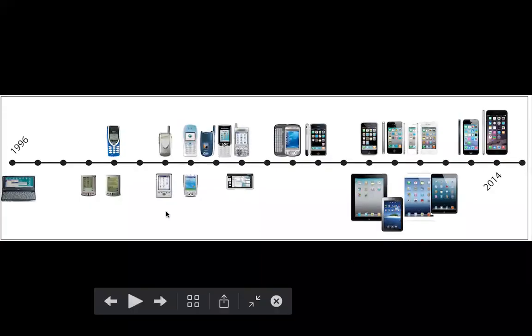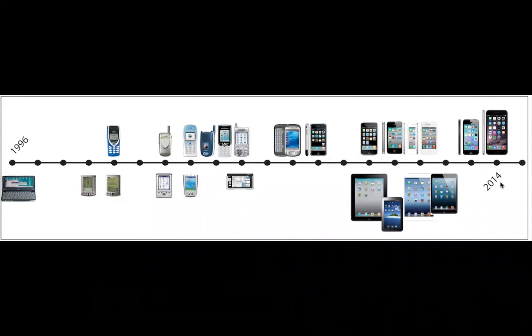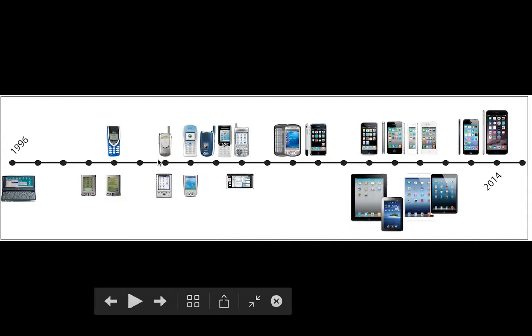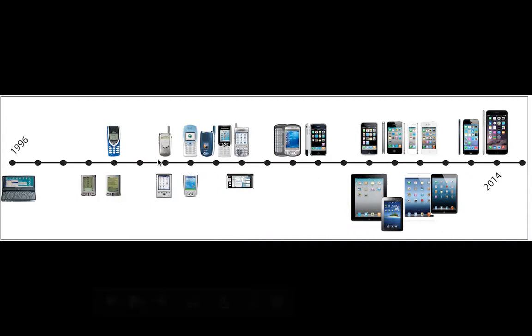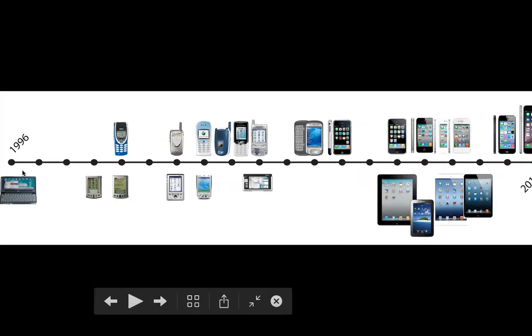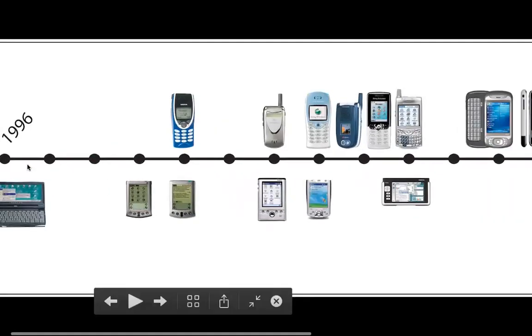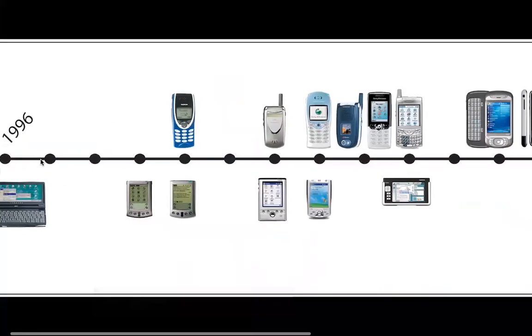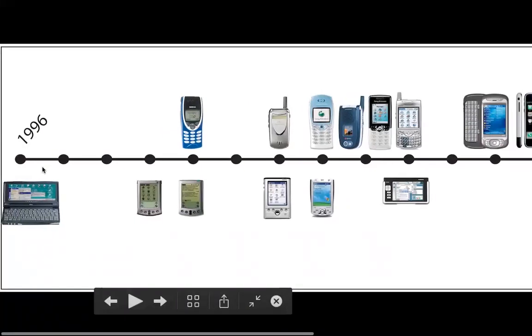So as you can see here, from roughly 1996 to the early 21st century, it hasn't been that long in our human history that we've made exponential advances in technology. Roughly speaking, the internet as we know it, beginning with the first browser, Netscape and AOL, began around 1995, 96.